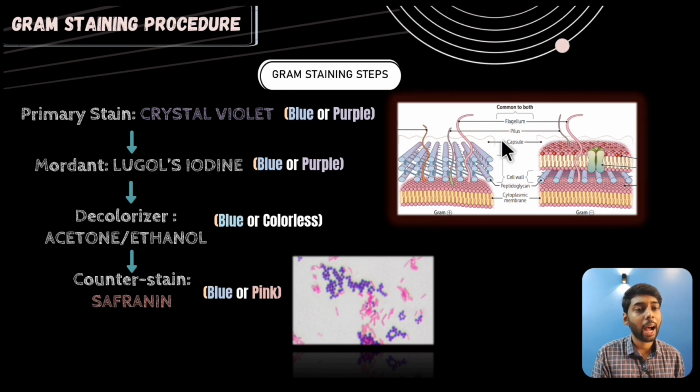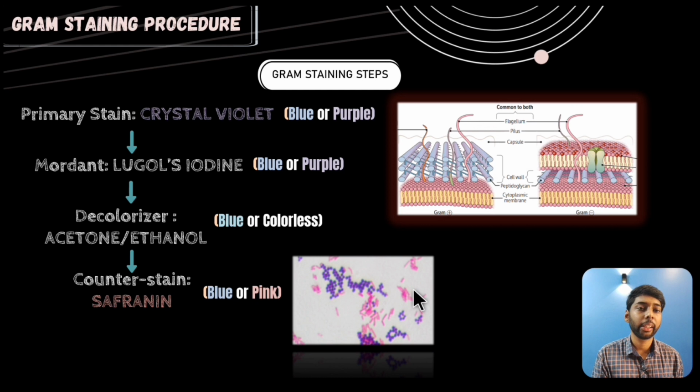So now, how do we visualize the gram-negative that has become colorless after this step? Well, that's why we will use a counterstain. Blue and red are complementary opposite colors, so that's why we have chosen safranin as a counterstain. As in this slide, the gram-positives are bright, vibrant purple, and the gram-negatives are bright, luminous pink.